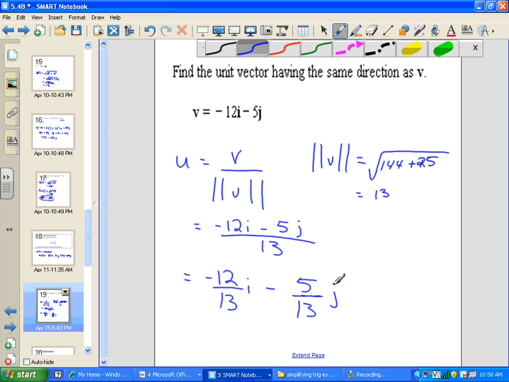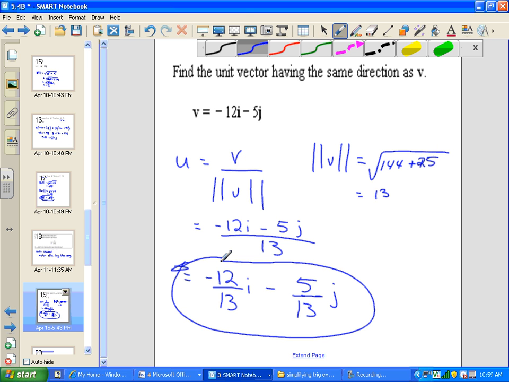But what if I were to find the magnitude of this vector? This is my answer right here, but if I wanted to check it, I could check it by finding the magnitude of that vector.